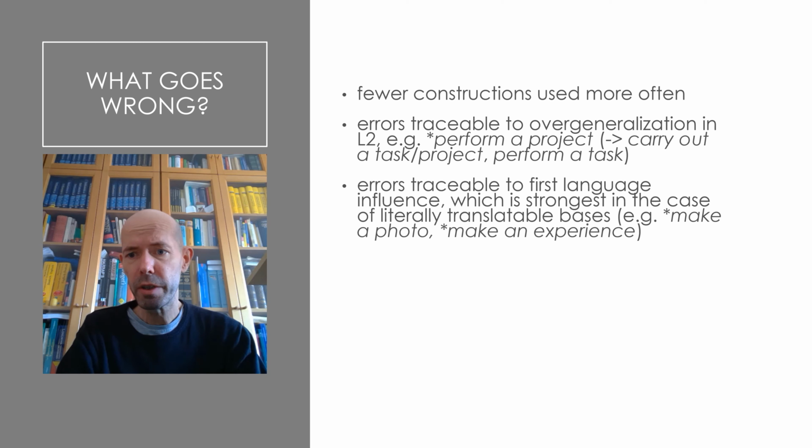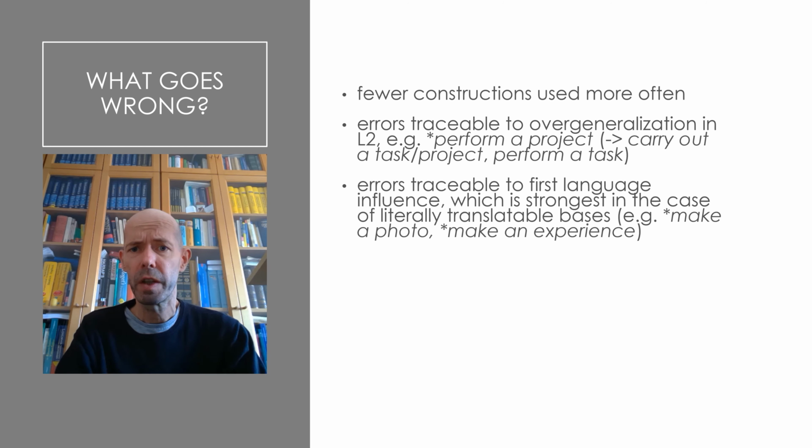A second type of problem is downright errors, and there are two types of word combining errors. The first can be traced back to overgeneralization in the second language, in this case English. So this is the case where you already know two collocations, like carry out a task, carry out a project, which are two perfectly fine collocations in English, and so is perform a task.